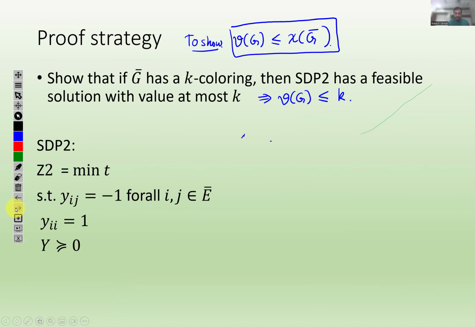Okay, so I've written this in the matrix form, but let me write it in the vector form. The matrix form is basically the following. The vector form.